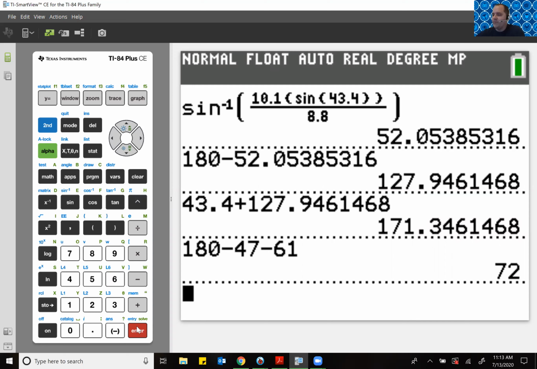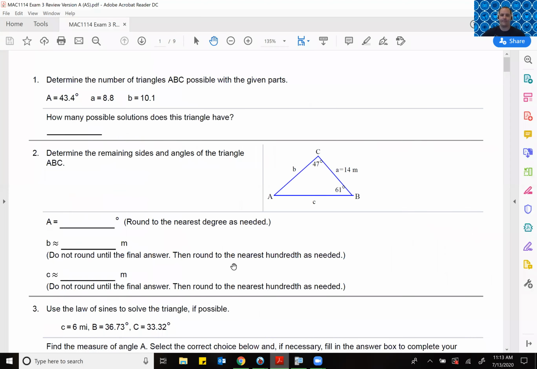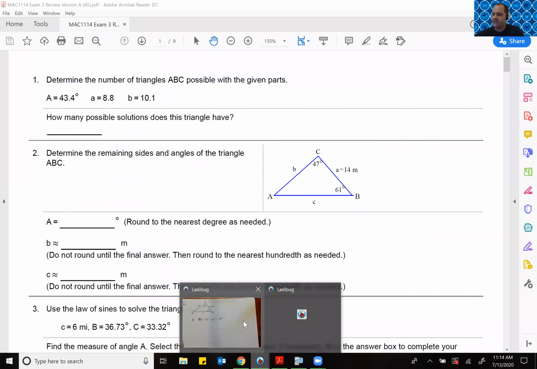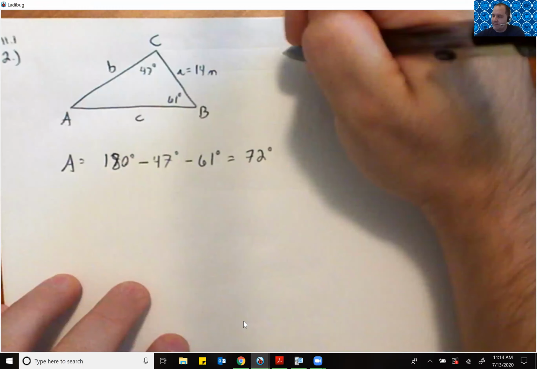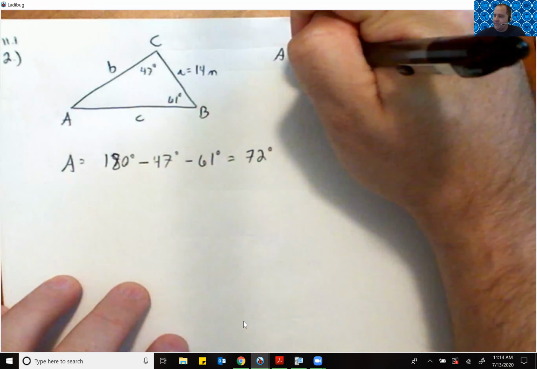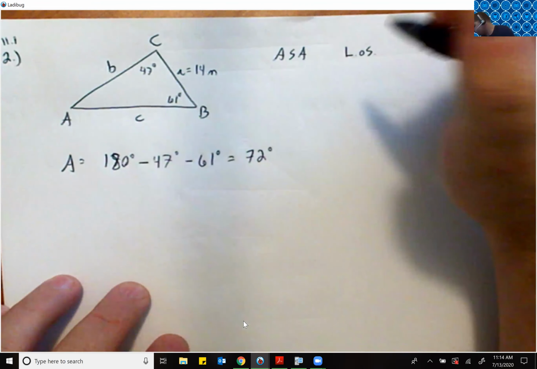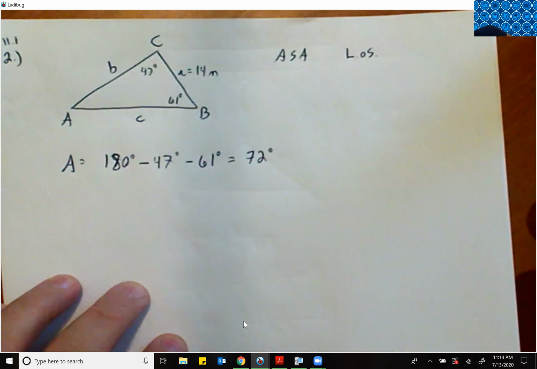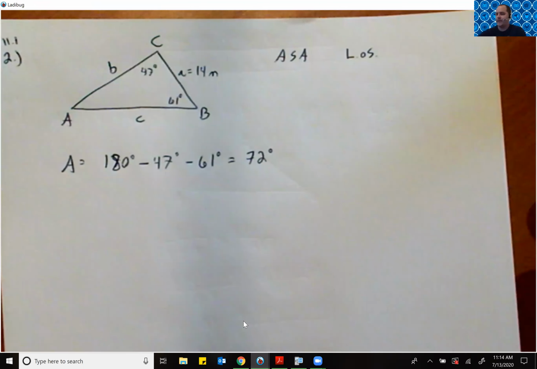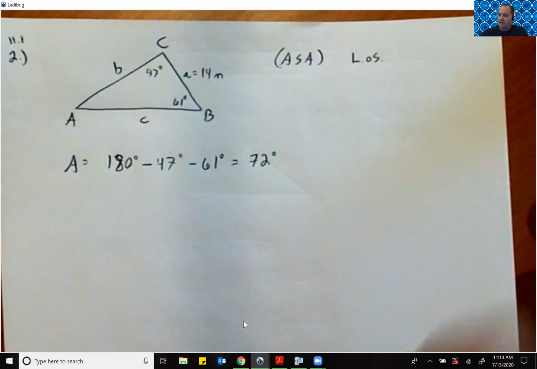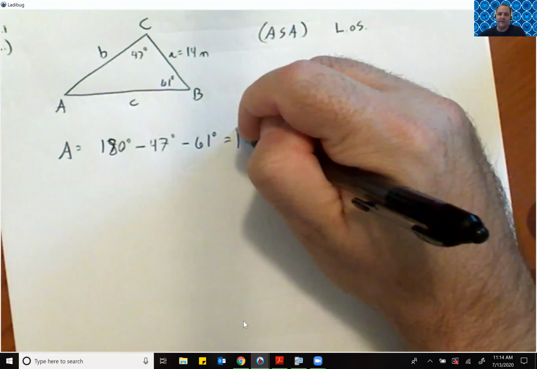And this is the angle-side-angle case. So that means we are definitely using law of sines. That hasn't changed for us. So there's our first angle, one of our answers, 72 degrees.